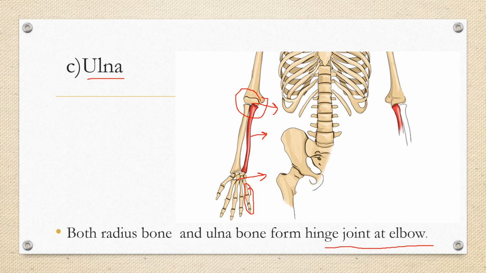These are only two directions, forward and reverse. There is no other direction in which this joint can help move your arm. So you have studied the bones of the arm: the first was the humerus, the second was the radius, and the third was the ulna.